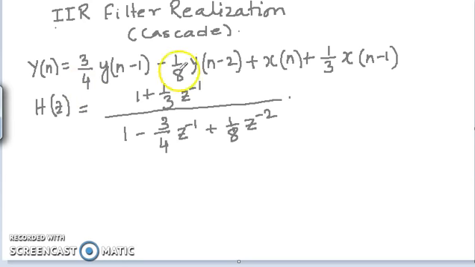Always try to keep the operators in z inverse form, because when ultimately we are going to realize it in direct form 1 or 2, this form is applicable. So always try to maintain the transfer function in this form. Okay, so now we got this transfer function.